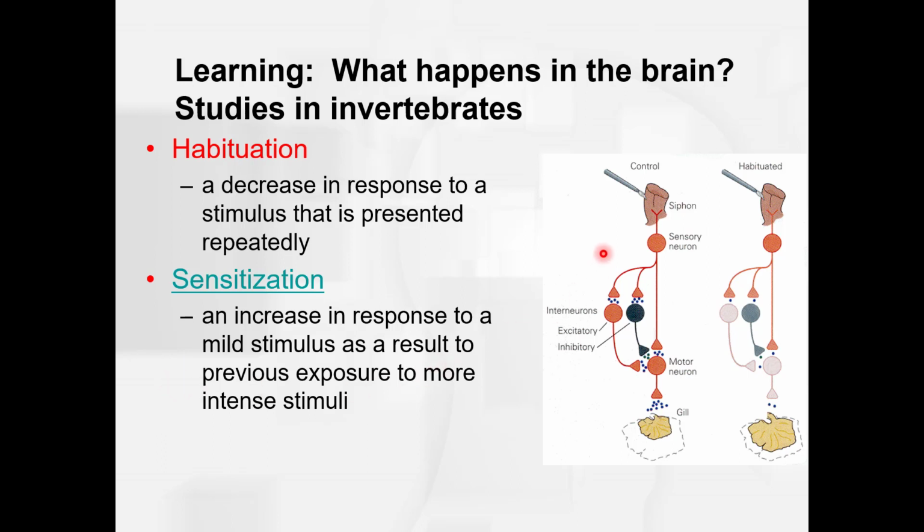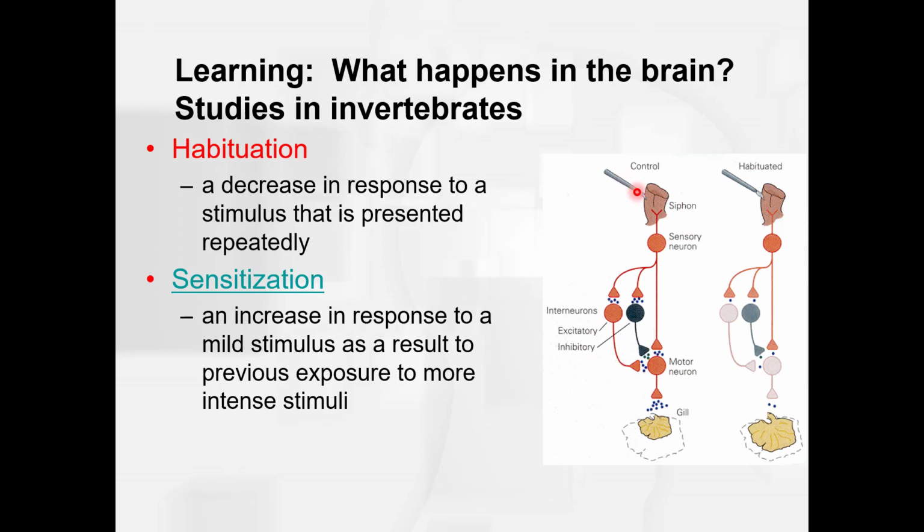For example, with habituation, you stimulate the siphon, and you'll see this demonstrated in the other video. You have these neurons that are stimulating a motor neuron, and then you have a gill response. So this is the normal situation, what it looks like.